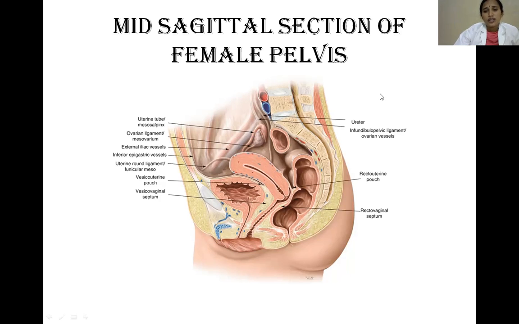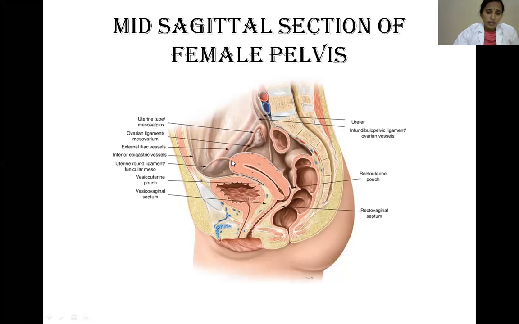This is the fimbriated end of the fallopian tube. This fimbriated end is in close contact with the ovary, the female gonad. The ovary is connected to the lateral angle of the uterus by means of the ligament of ovary. So this is the ligament of ovary.